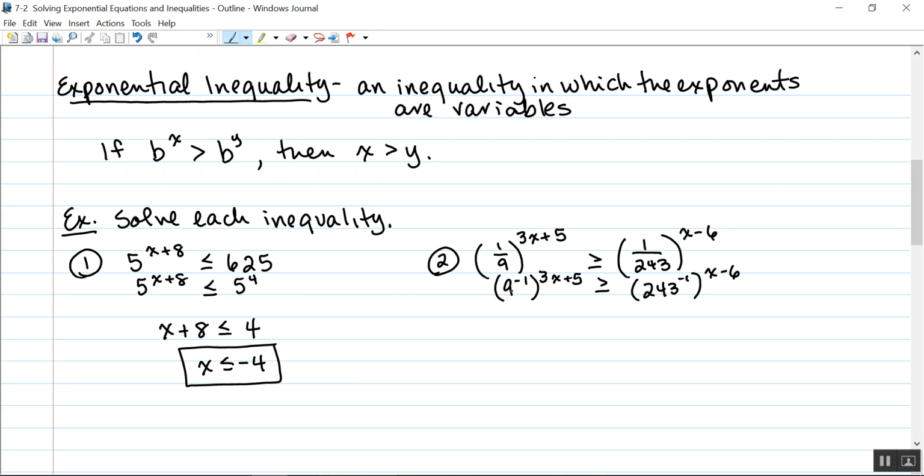And now I can rewrite 9 as 3 squared, and I can rewrite 243 as 3 to the 5th power. So this is going to be 3 squared, okay, this is getting a little complicated here, to the negative 1 to the 3x plus 5 is greater than or equal to 3 to the 5th, that's 243, to the negative 1 raised to the power of x minus 6.